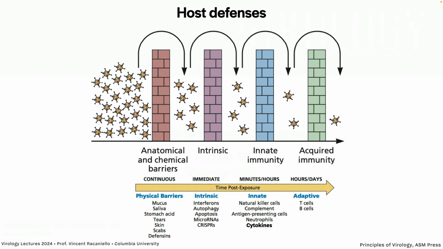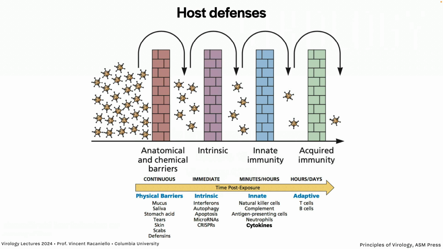And then if viruses get past that, which they can do, of course, they encounter intrinsic defenses. So these are defenses that are immediately available to counter infection. They include interferons, autophagy, apoptosis, microRNA, CRISPRs in bacteria and archaea.